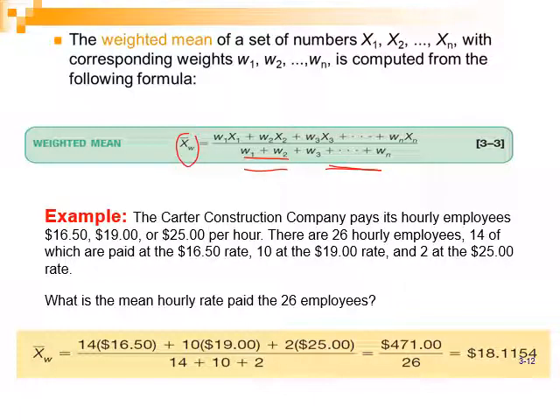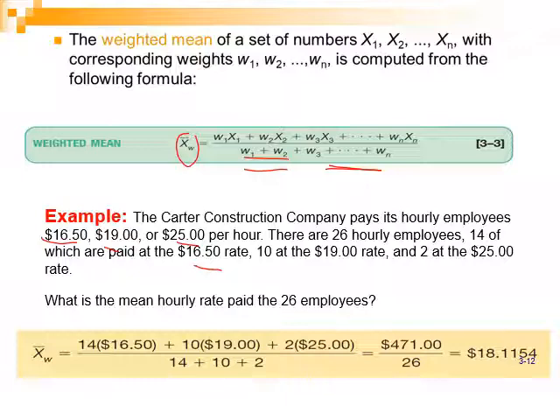For example, the Qatar construction company pays its hourly employees these values: $16.5, $19, $25 per hour. There are 26 hourly employees, and 14 of them are paid $16.5.